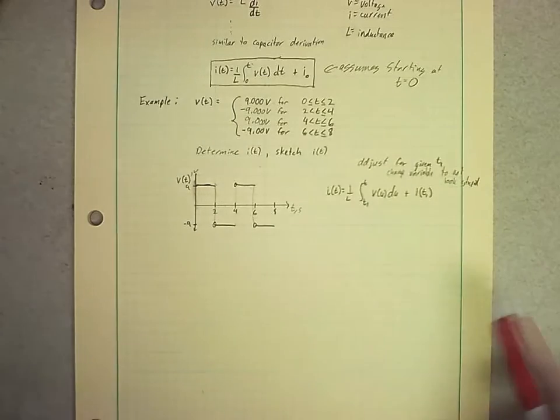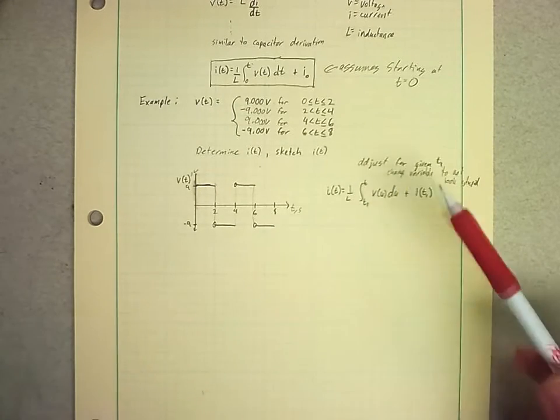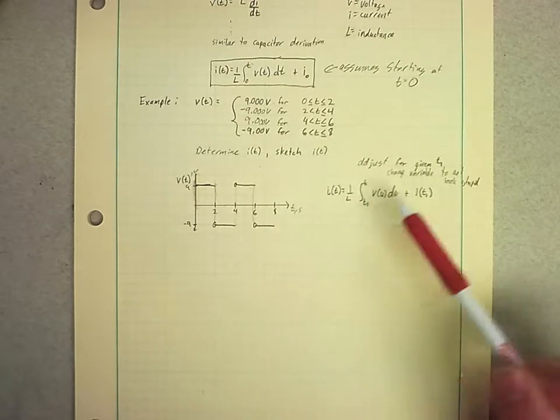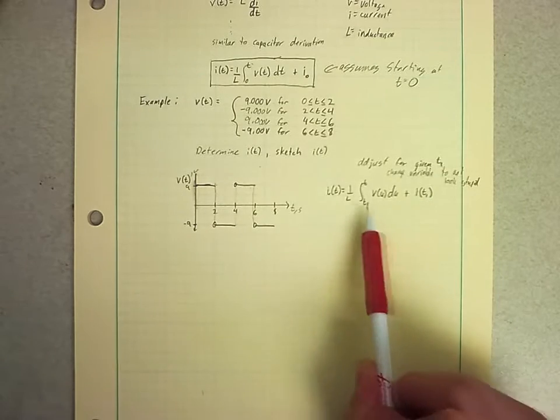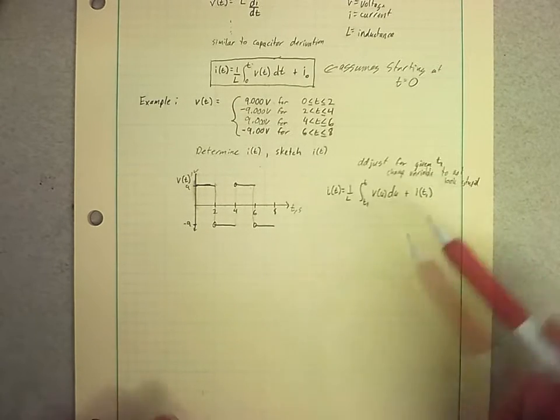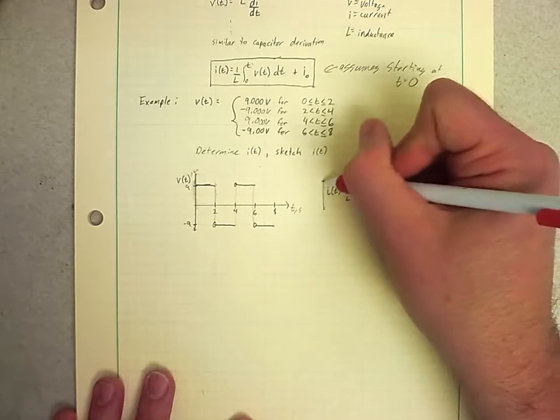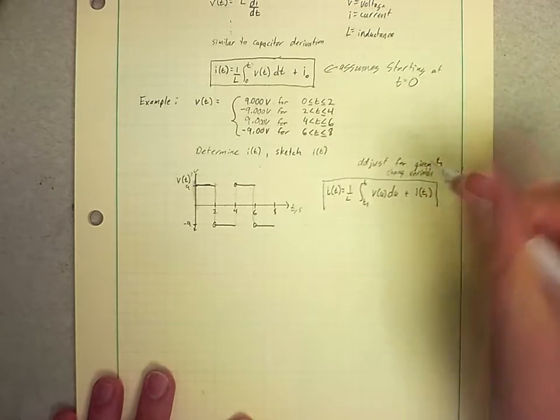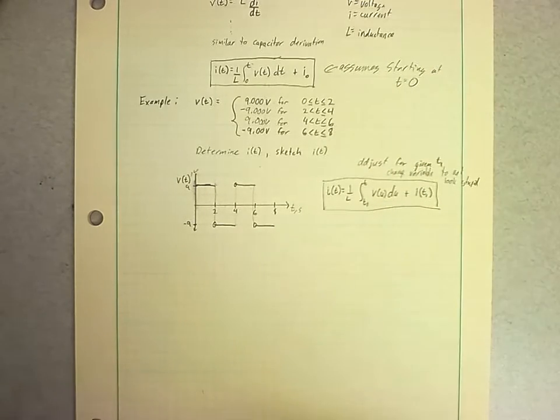I know in some of the previous examples I worked, I did not adjust that. So again, you can think that I look stupid, but we're going to adjust the variable there. So that's our new expression.